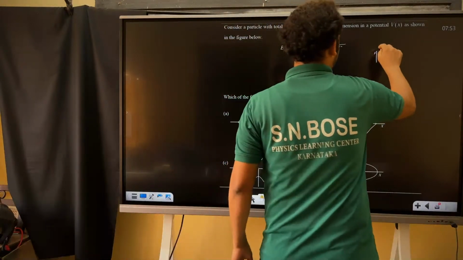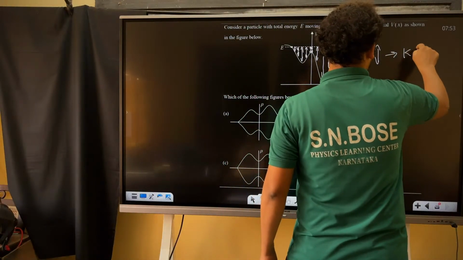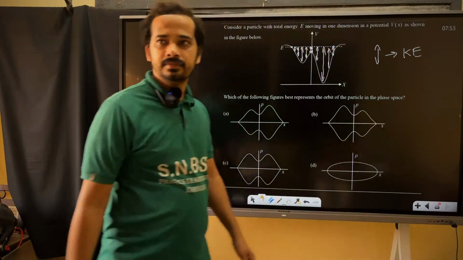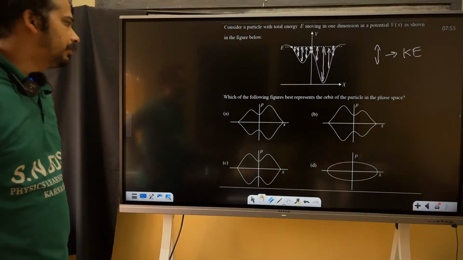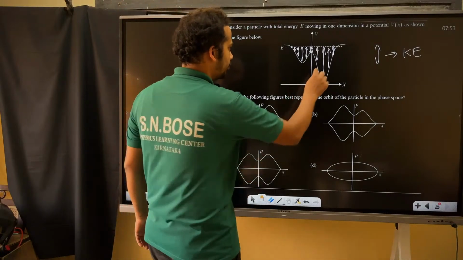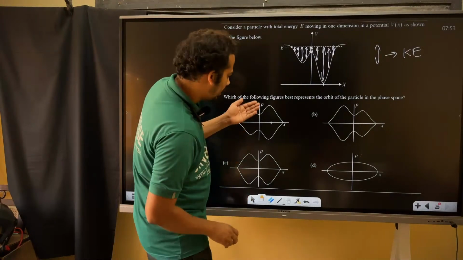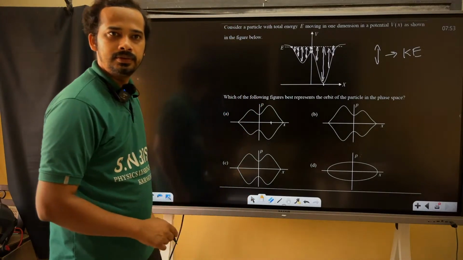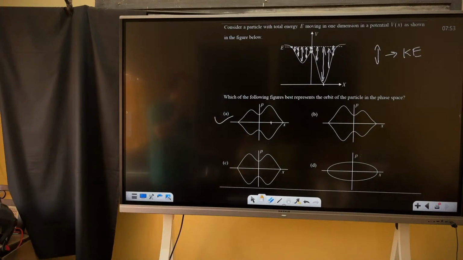My arrow is kinetic energy. That kinetic energy increase and decrease will be reflected in the momentum. This is the appropriate option. Highest momentum appears somewhere here, and again it's a mirror image. So this is what exactly we were doing over there.